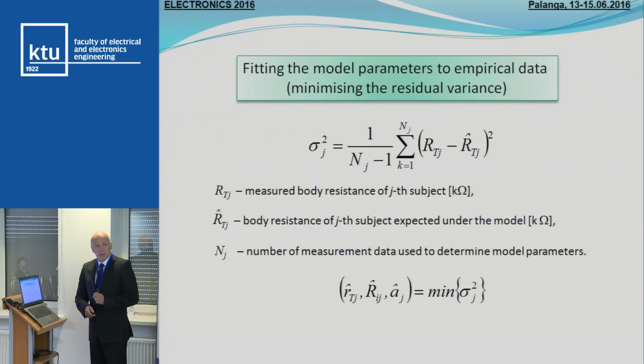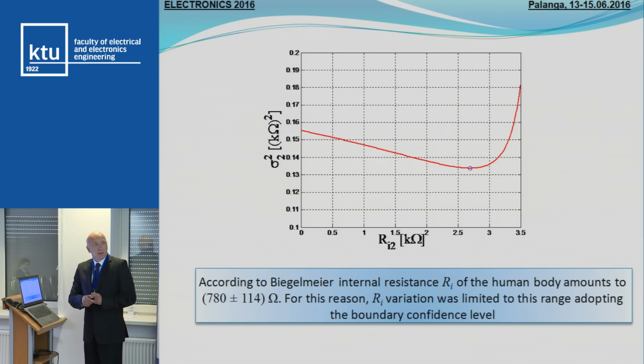We have problems with internal resistance because the best fit, or the minimum value of residual variance, was for internal resistance over 2.5 kilo ohms, while we know from the literature, from other investigations, that internal resistance of human body is much less. It's about 0.8 kilo ohms, and for this reason we limited the variation of internal resistance to this range, adapting the boundary confidence level.